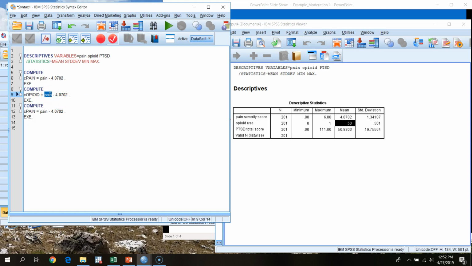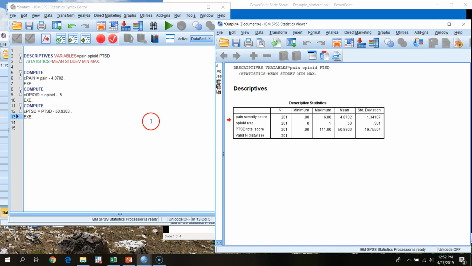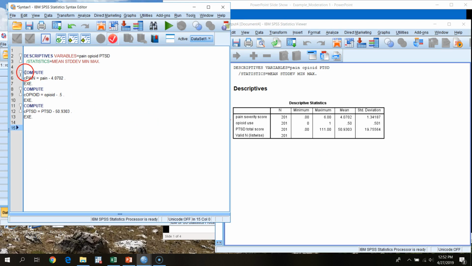It's going to be opiate use minus the mean, which looks like 0.5, and then for my centered PTSD, it's going to be PTSD minus 50.59303. Okay.